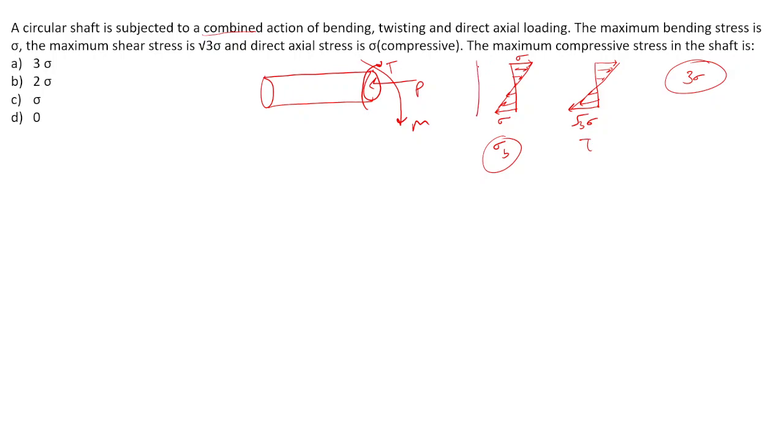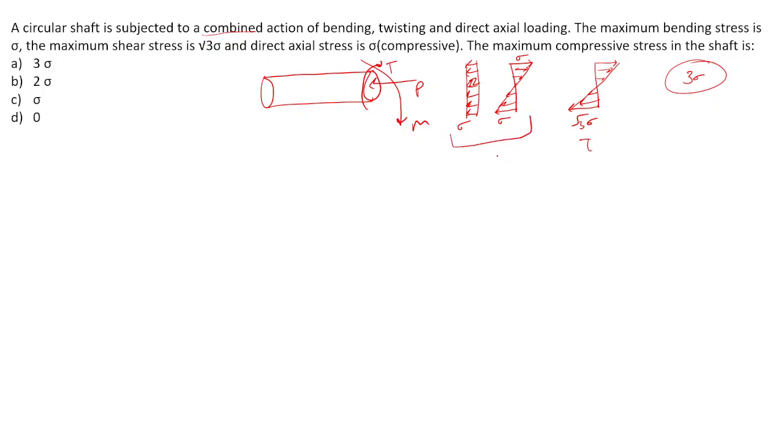And now coming to the compressive stress. Compressive stress across the cross section would be the same, right? So this would be the sigma. Now can anyone tell which stresses are the normal stresses and which are the shear stresses? These two are normal, right?